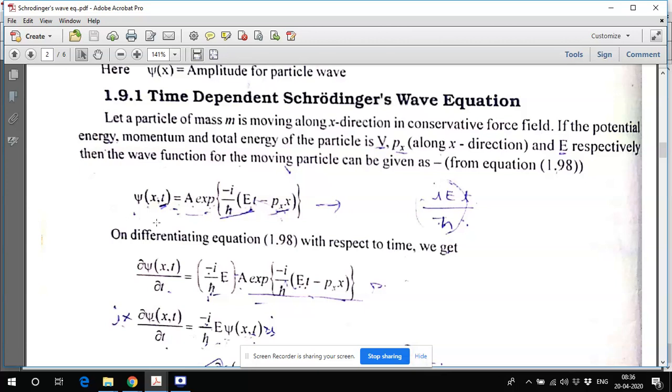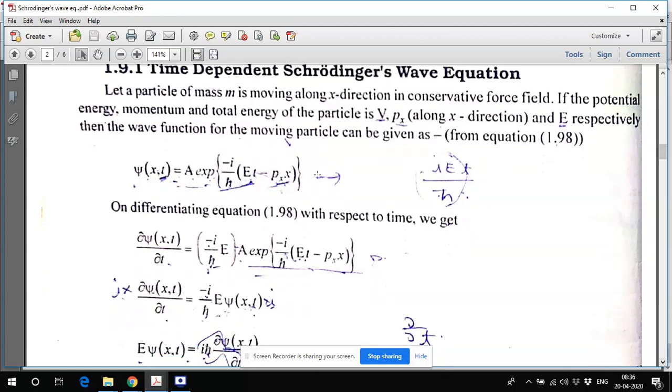Suppose this is my wave function. Then we can differentiate this equation with respect to time first, because there are two variables, the time t and the position x. If you differentiate psi with respect to t, the part dependent on x remains constant, and the exponential minus i upon h cross E t gets differentiated.